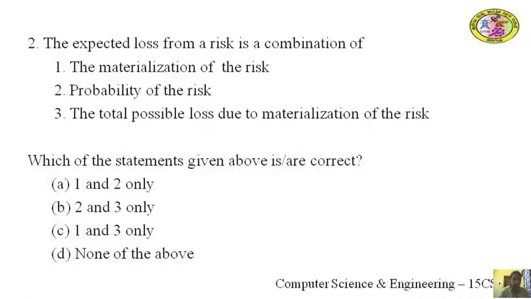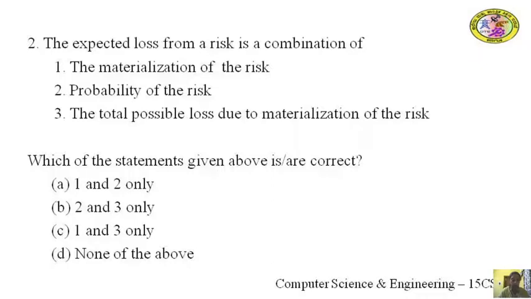The expected loss from a risk is a combination of 1. The materialization of the risk, 2. Probability of the risk, 3. The total possible loss due to materialization of the risk. Which of the statements given above is or are correct?